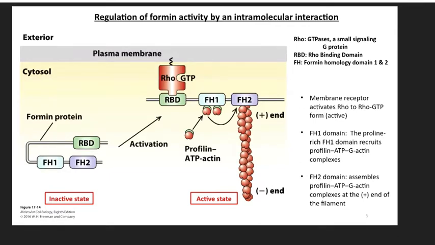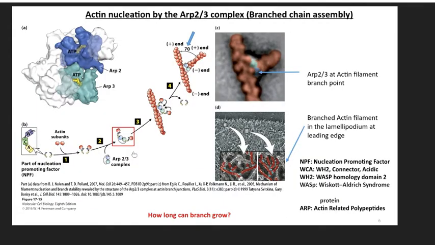Near the FH2 domain is the plus end, the growing end, and the already formed unit will be the minus end. For ARP2/3, it's a 70-degree angle for the branched chain formation, and the starting point will be the negative end, and the growing end will be the positive end.